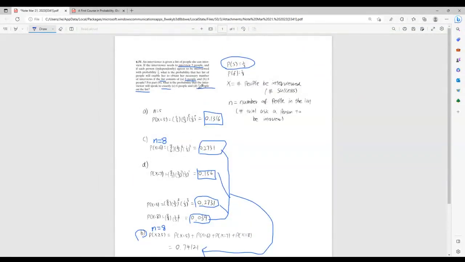Because part C and part D also use the condition from part B. So the N would be A. And it says speak to exactly 6 people, which would be 6 successes, because if the person is rejected to be interviewed, the person won't be able to speak with the interviewer. Yeah, I think Catherine is okay now. Okay, thank you. Thank you, Jia.